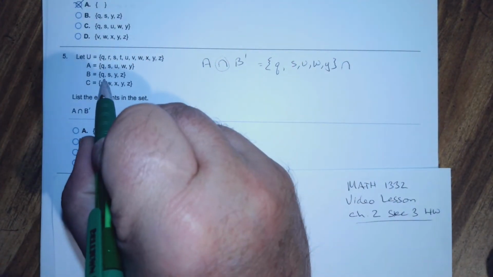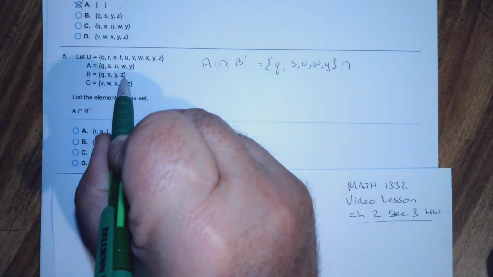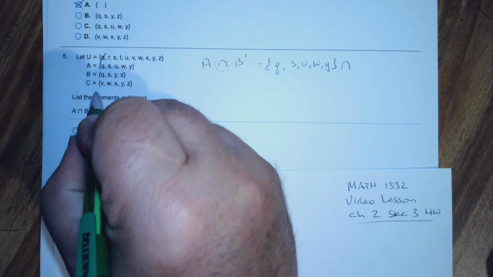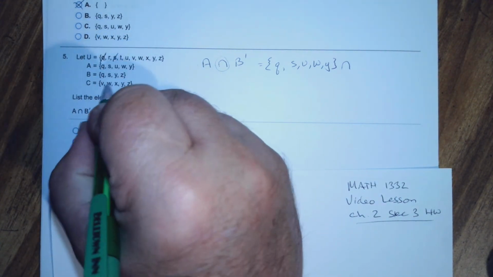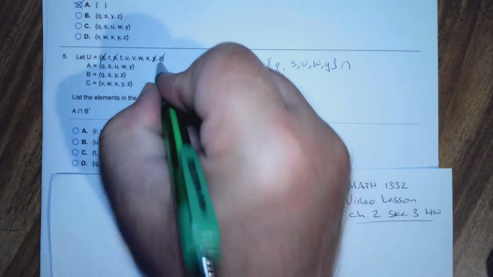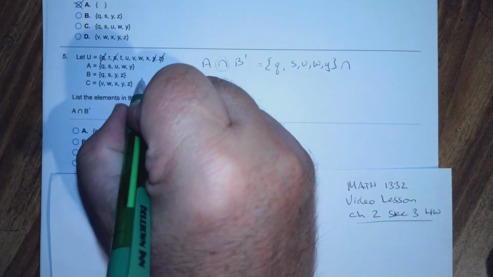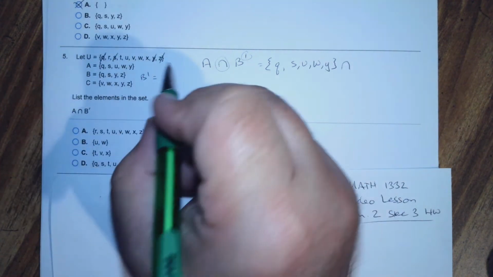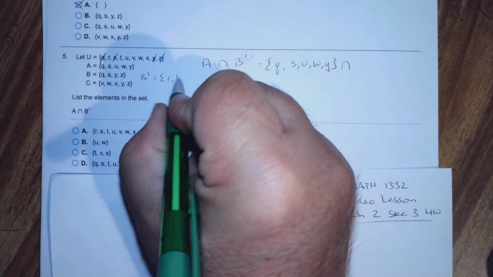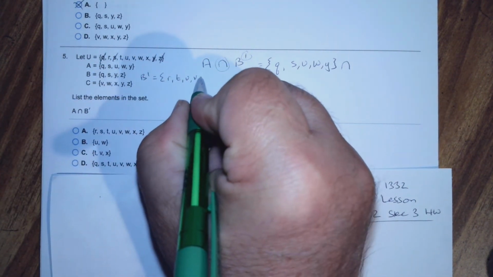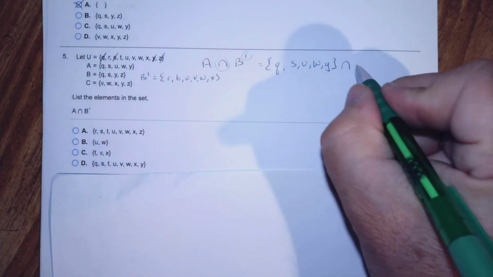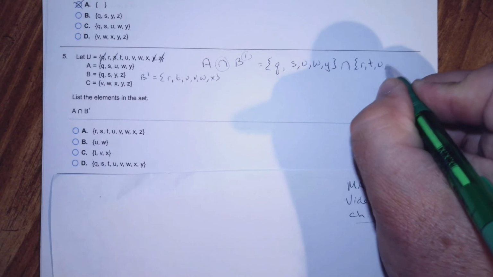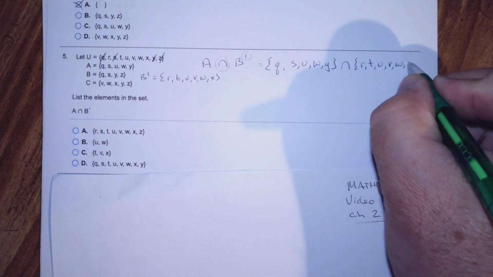So whatever's in B, that's Q, S, Y, and Z. Remove that from the universe. Whatever's left is the complement, B prime, which is R, T, U, V, W, and X.